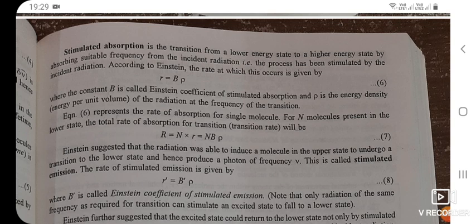Equation 6 represents the rate of absorption for a single molecule. For N molecules present in the lower state, the total rate of absorption will be R equals NR equals NB rho.